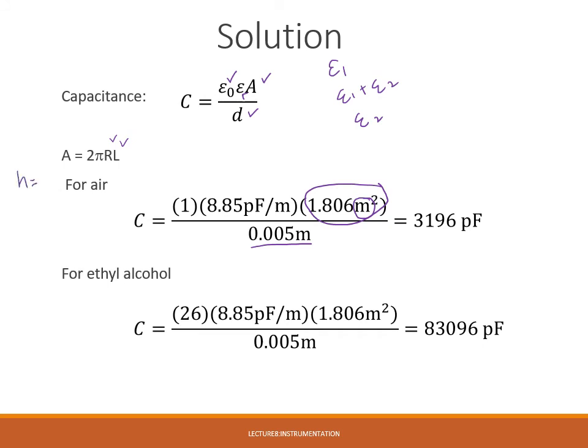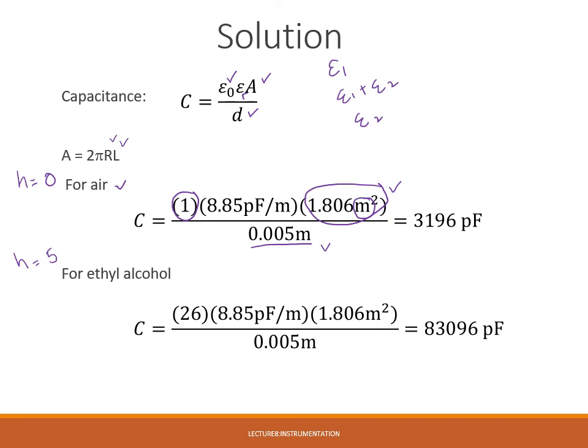When H equals 0, there is no alcohol, so it only consists of air. Only air is the dielectric between the two plates. So epsilon r for air is 1, multiplied with 8.85 picofarad per meter, multiplied with area divided by distance, which gives you 3196 picofarad. If H equals 5 meters, the tank will only consist of ethyl alcohol.